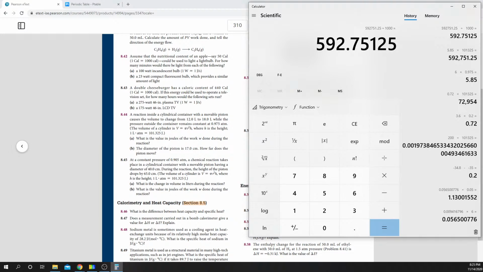And now, the diameter of the piston is 17 centimeters. How far does the piston move? Pi r squared h. Okay, so from 12 to 18.